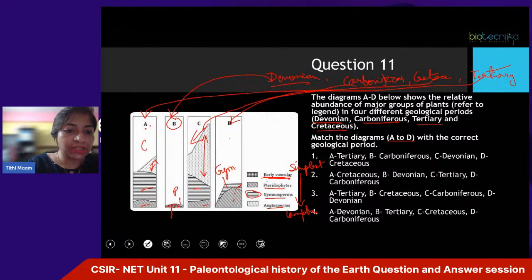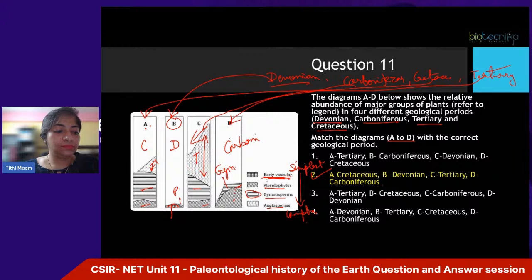So A Cretaceous, B Devonian, C Tertiary, and D Carboniferous. Is it understood, everyone?